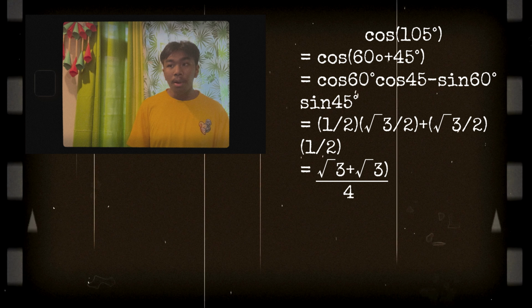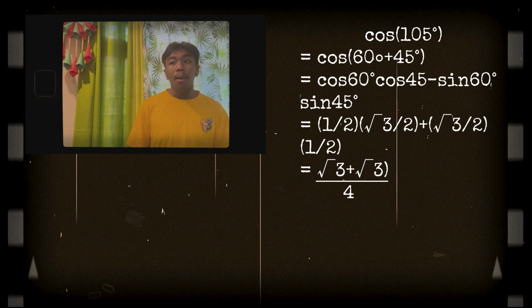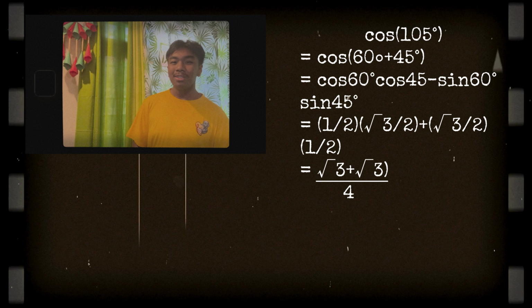It will now become 1 over 2 times square root 2 over 2, minus square root 3 over 2 times square root 2 over 2, which will then become square root 2 over 4 minus square root 6 over 4. Combined, it will become square root 2 minus square root 6, all over 4, which is our final answer.